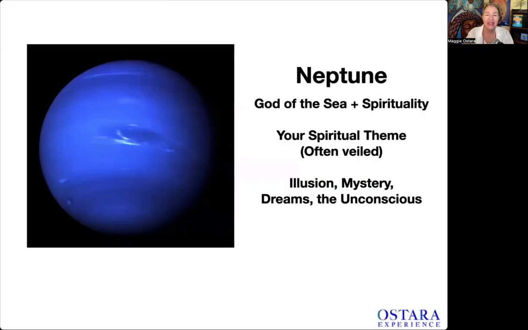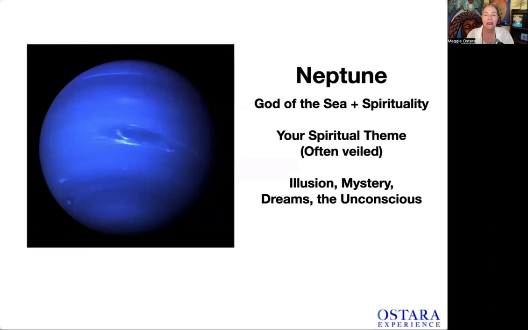So Neptune is the god of the sea, and the symbol for Neptune is the trident, which I'll show you in a second. He's the god of the sea and spirituality, and also the unconscious is what I think of it. It's very watery, which relates to Pisces, because Pisces is a water sign.